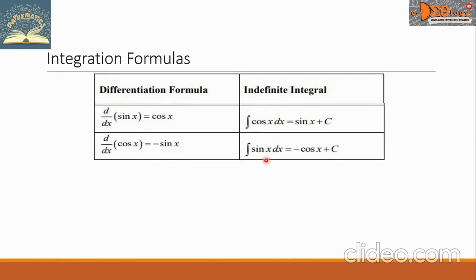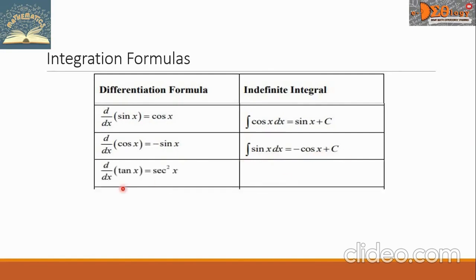The integral of sine x dx equals negative cosine x plus c. The derivative of tangent x equals secant squared x. The integral of secant squared x dx equals tangent x plus c.